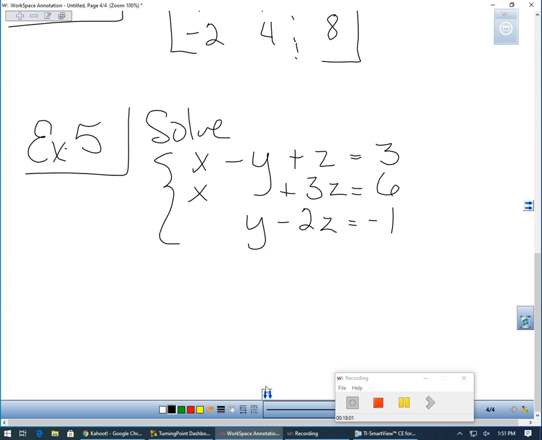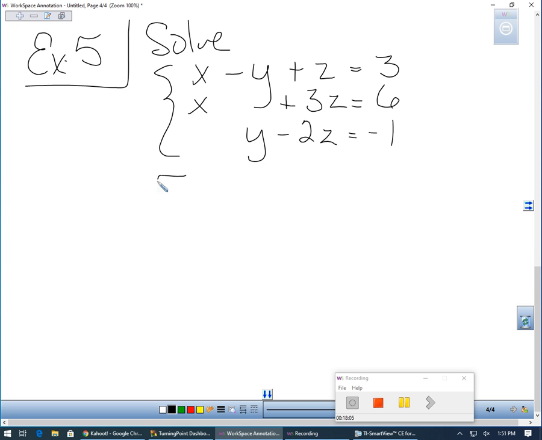So the first thing we have to do is change this into our coefficient matrix, right? Before we can put it in our calculator. So our coefficients across the top are 1, -1, 1, and 3. Second row is 1, 0, 3, and 6. Last row is 0, because there's no x's, 1y, -2z equals -1.